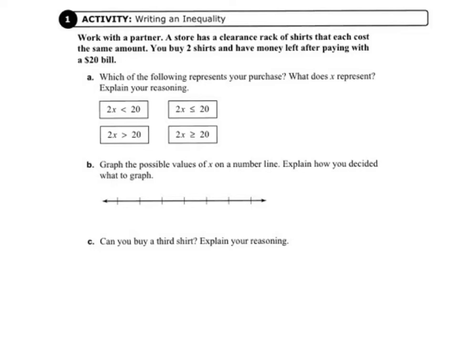So our job is to find the inequality that lets us buy 2 shirts and spend less than $20 because we have money left over. So we're going to spend less than $20 and we buy 2 shirts. So the x is going to represent the money we pay for each of our items.